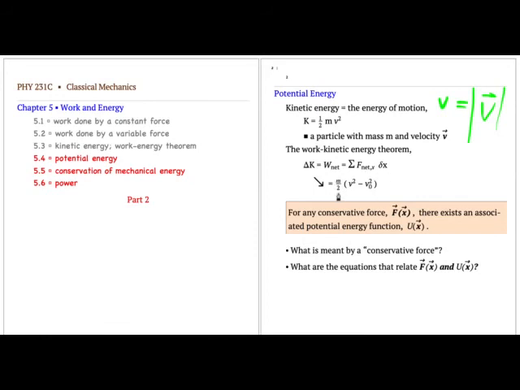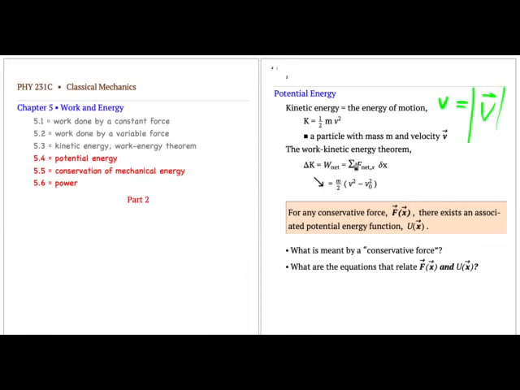So m over 2 (v squared minus v0 squared), where the particle starts out with some speed v0. After some period of time, it has a speed v. Then the change of kinetic energy is m over 2 (v squared minus v0 squared). And according to the theorem, that's equal to the work done by the net force acting on the particle.